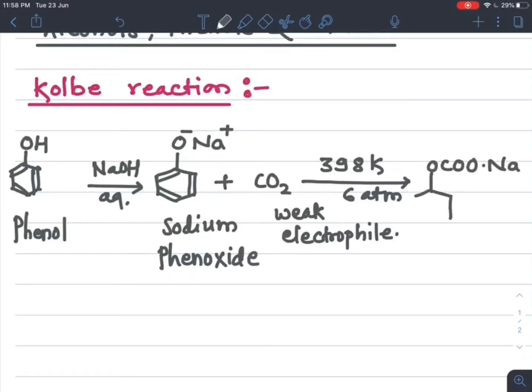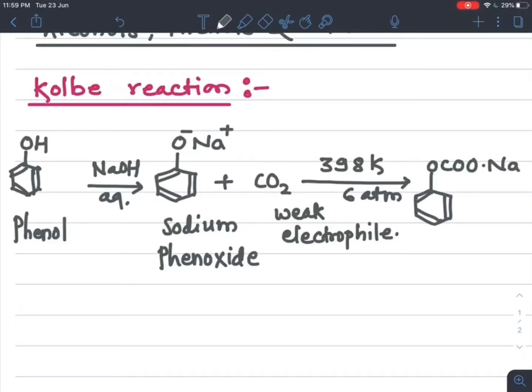This oxygen is attached to the benzene ring, with the alternate double single bonds as they are. The name of this compound is sodium phenyl carbonate. Then a rearrangement takes place in this sodium phenyl carbonate.